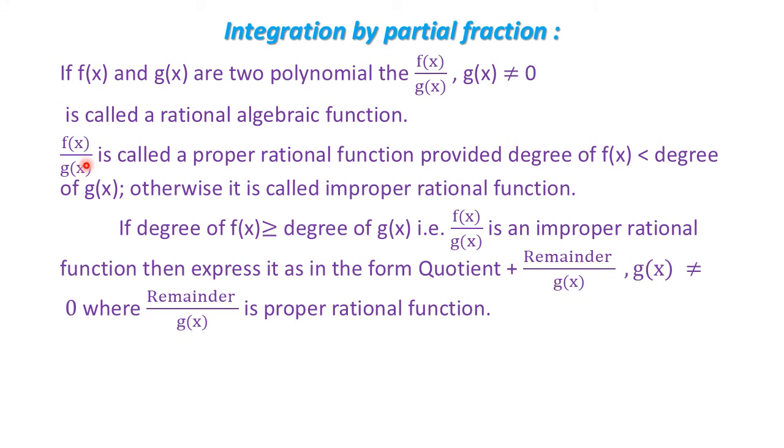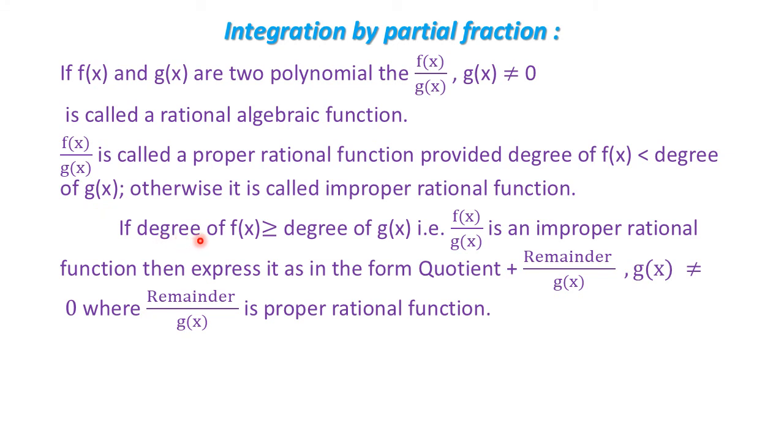Remember that the degree of numerator is less than the degree of denominator, and this same term can be expressed this way: degree of f(x) less than degree of g(x). And if this is not the case, then we say that the given rational function is an improper rational function.